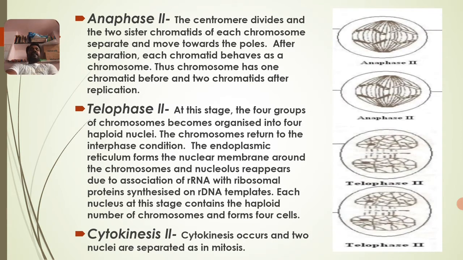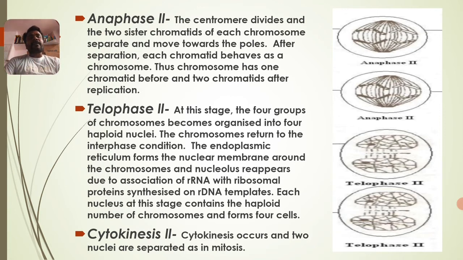Next is anaphase 2. After metaphase 2, in both nuclei the centromeres are attached to the spindle fibers on the equatorial plate, and at anaphase the centromere divides. I already told you that in anaphase 1 the centromere does not divide.